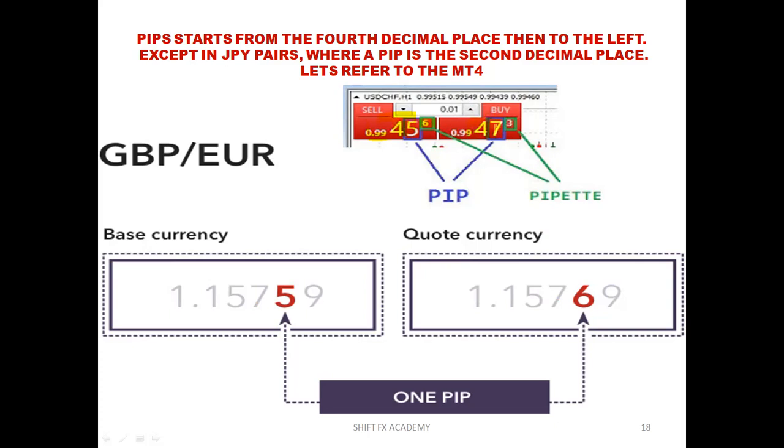So the difference between the buying price and the selling price, like I said in the first video, is 2 pips, because the difference between 45 and 47 is 2. If you want to buy the euro, you need 45 pounds to buy 1 euro in this case. If you want to buy the pound, you need 47 euro to buy 1 pound.